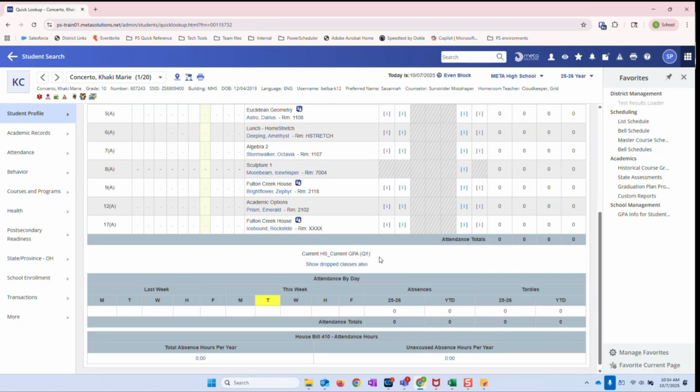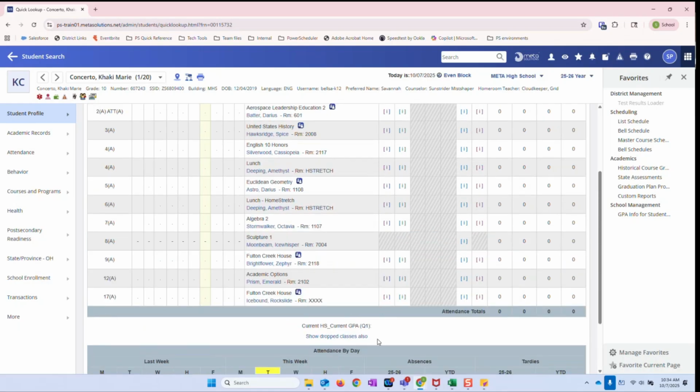So if you're seeing something like that in your building, that would be why. If it was August, for example, there are no grades in the gradebook, or maybe there's something in your GPA calculation that needs to be corrected. After this, we were talking about this as a team prior to this call.